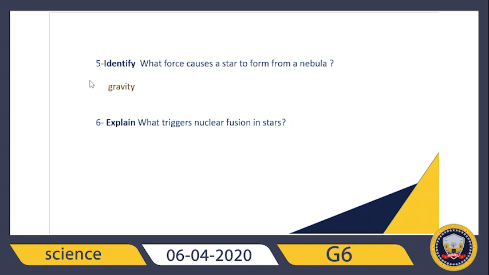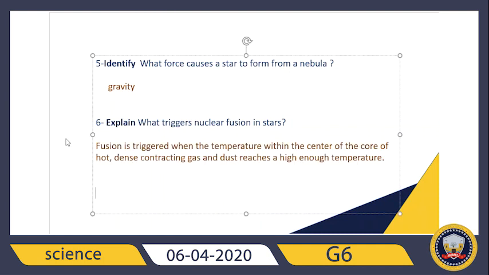So this very high temperature will trigger the nuclear fusion process to start. So guys, here's the answer. Fusion is triggered when the temperature within the center of the core of hot, dense, contracting gas and dust reaches a high enough temperature.